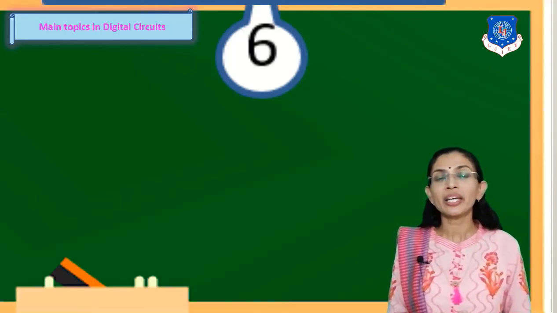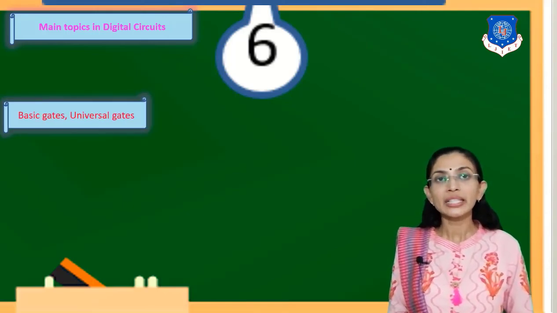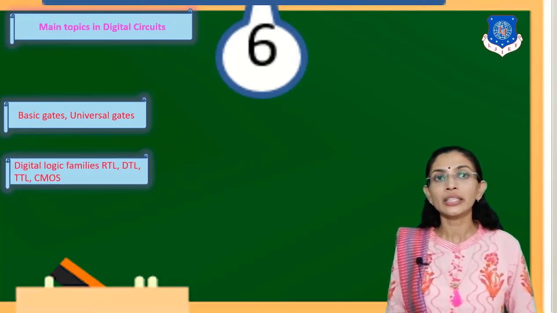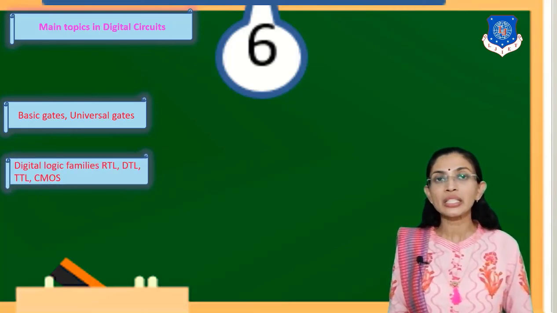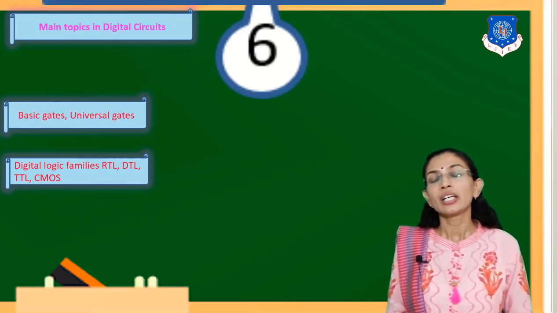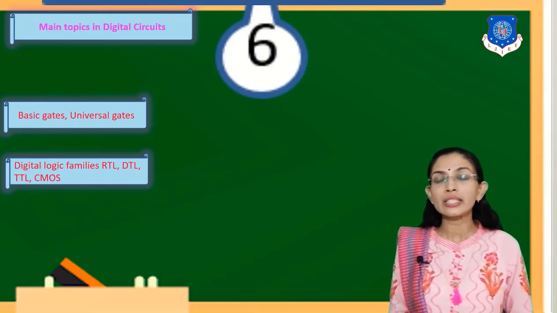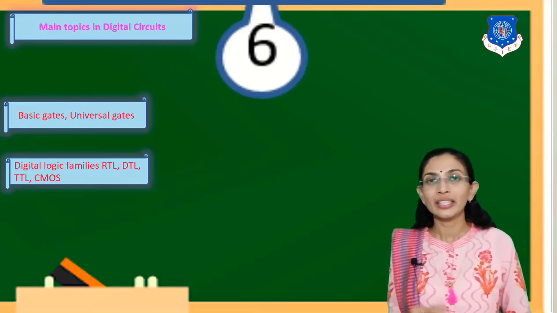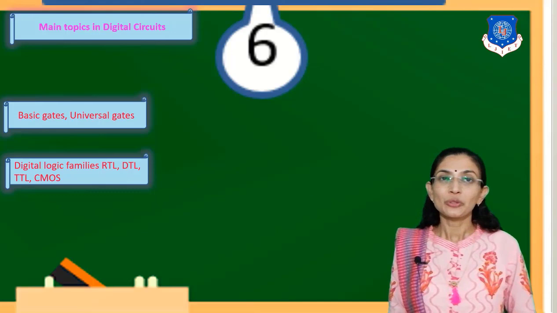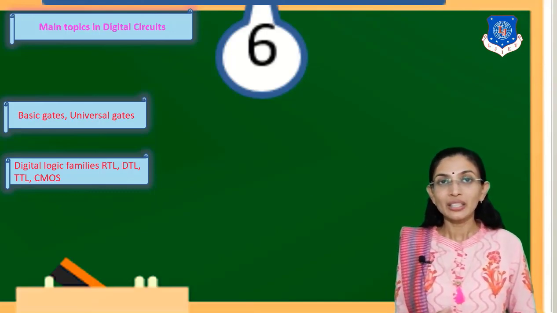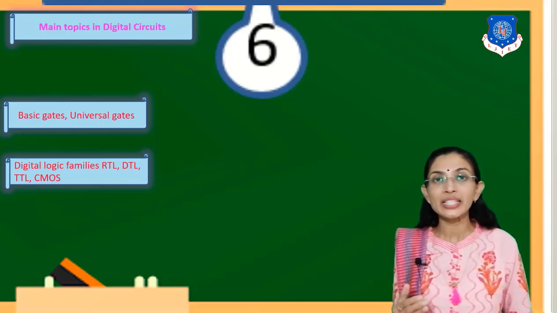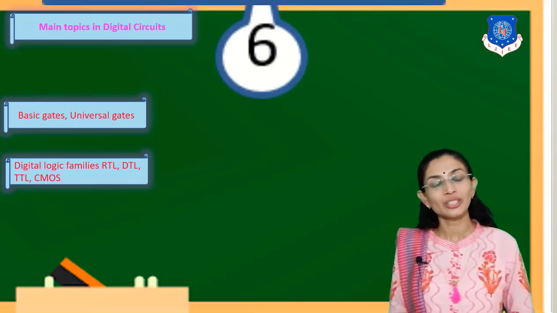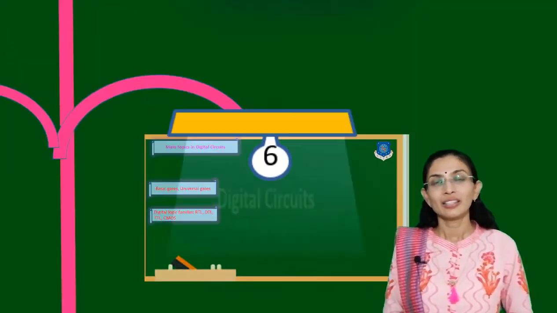In this chapter, I will explain basic gates, universal gates, and digital logic families: RTL, DTL, TTL, CMOS. The output of all these digital circuits will be 0 or 1. So finally, we will understand the different basic building blocks of digital circuits in this chapter.